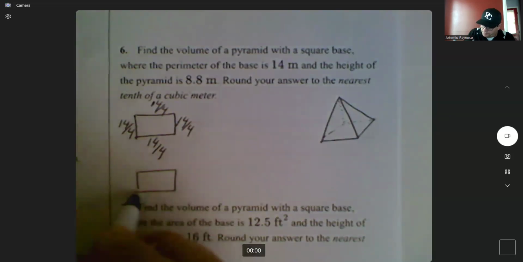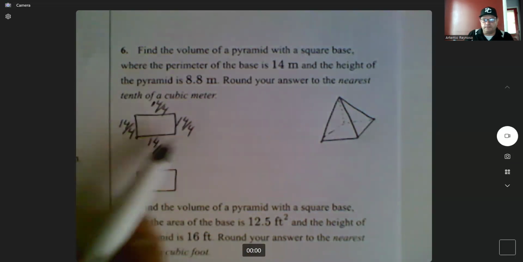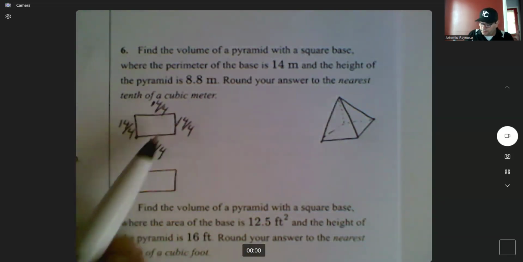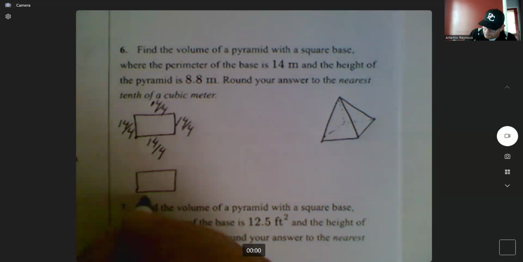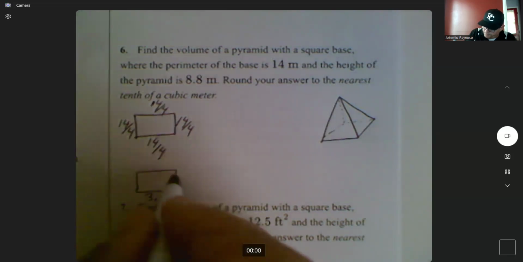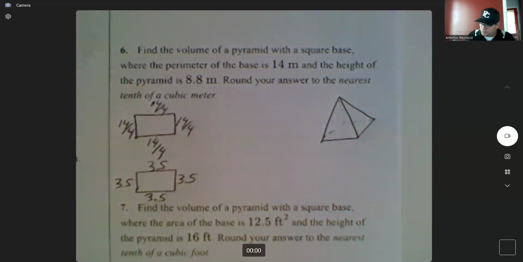Why 14 over 4? Because I'm dividing the perimeter by 4, and every piece should be 14 over 4, which means 7/2, which as a decimal is 3.5. So I will be double checking: 3.5 added 4 times, 7 plus 7, you get 14.